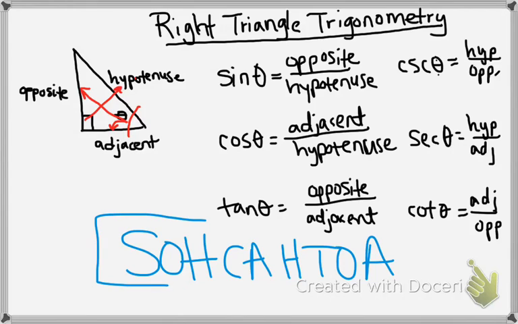The first 3 letters represent the sine. So sine is opposite over hypotenuse. The second 3 represent the cosine. So cosine is adjacent over hypotenuse. And then the last 3 represent the tangent, where tangent is opposite over adjacent. And then again, you'd have to remember that for the reciprocal functions, sine goes with cosecant, cosine goes with secant, and tangent goes with cotangent. You can just reverse the order on those or flip over those fractions.